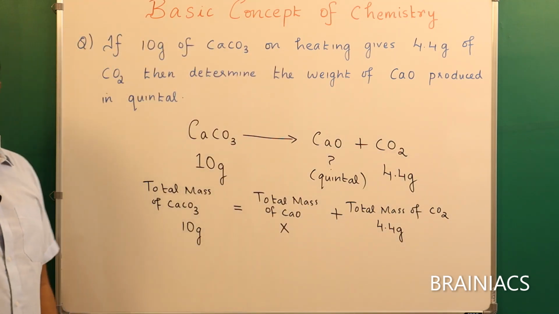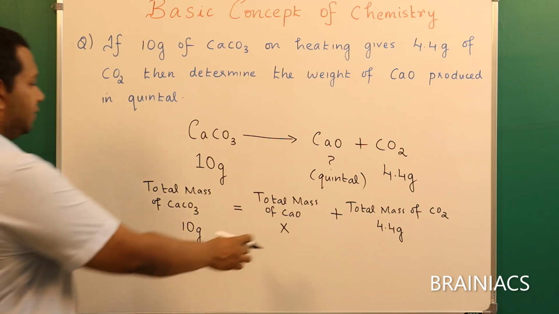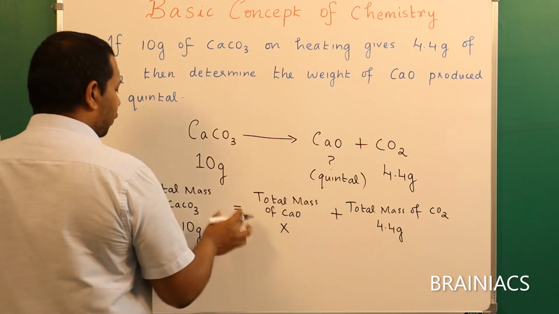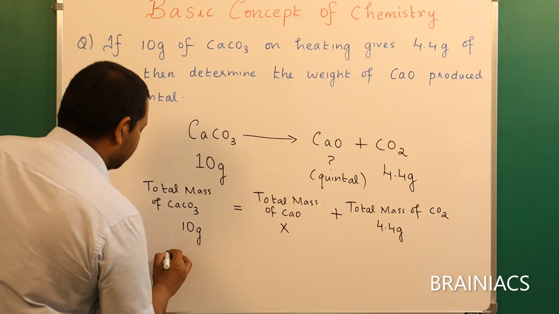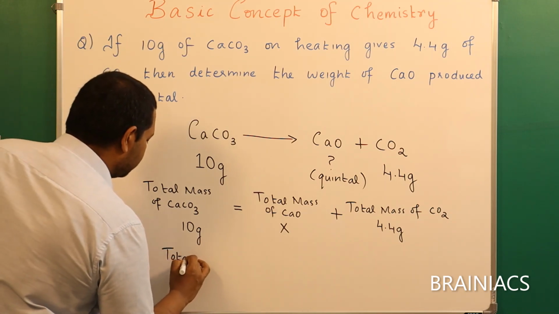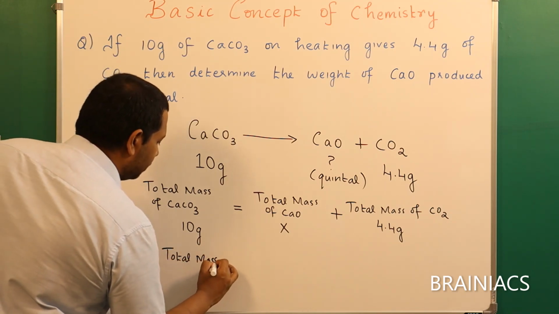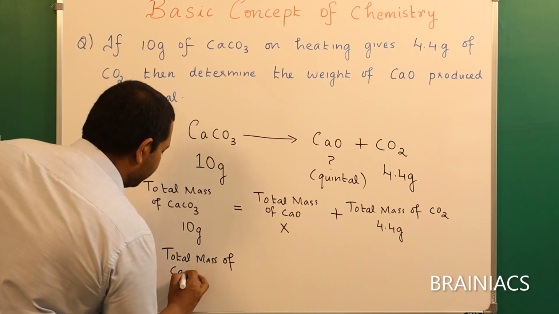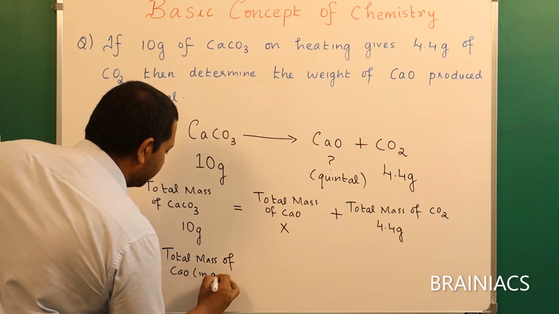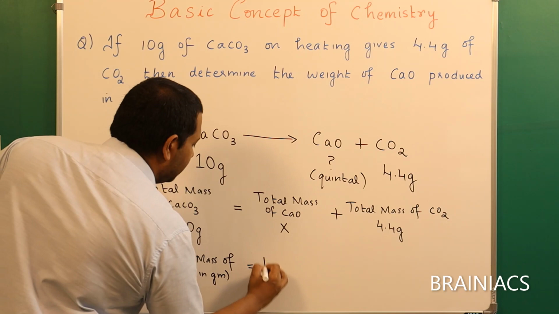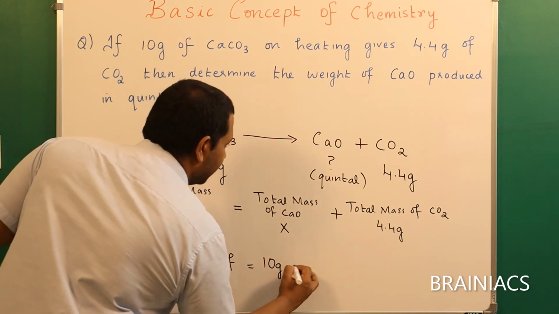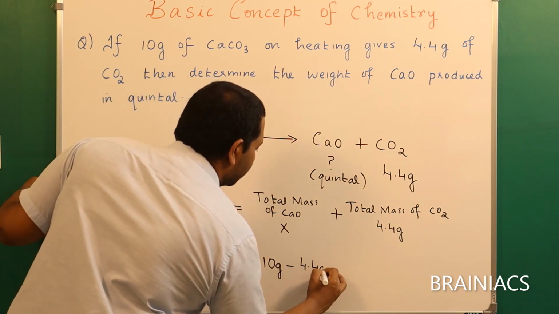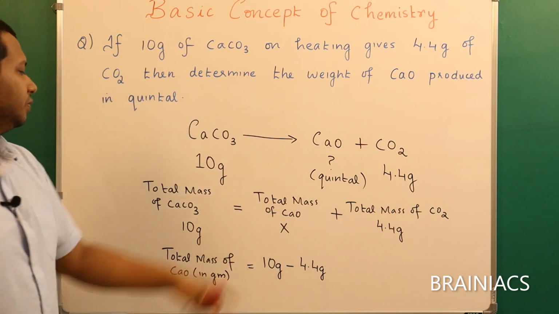Now how to find out X here? So X is equal to 10 minus 4.4. So we can say that the total mass of calcium oxide in gram is equal to 10 gram minus 4.4 gram. We know that 10 minus 4 is 6.